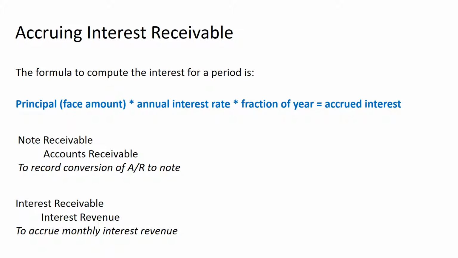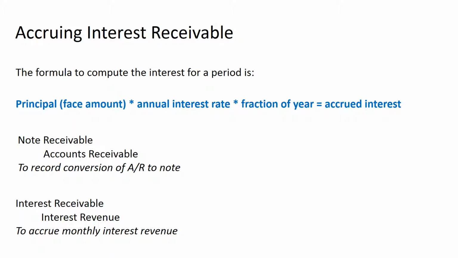Accruing interest receivable. On a short-term note, interest accrues or builds up and is usually received with payment of principal or face amount of the note on the due date. On a long-term note, interest is received periodically rather than when the note is due.